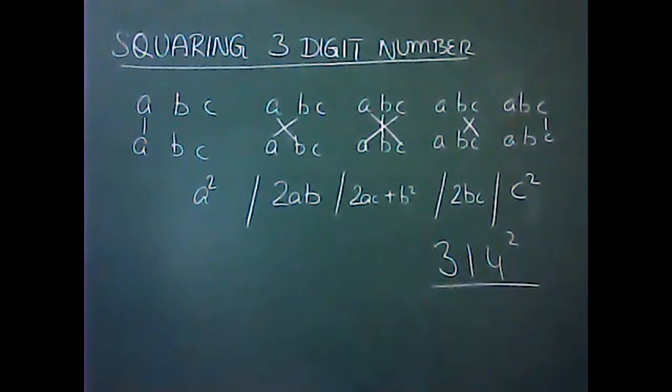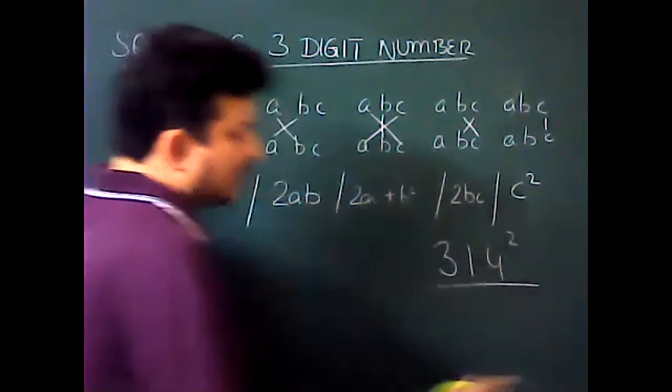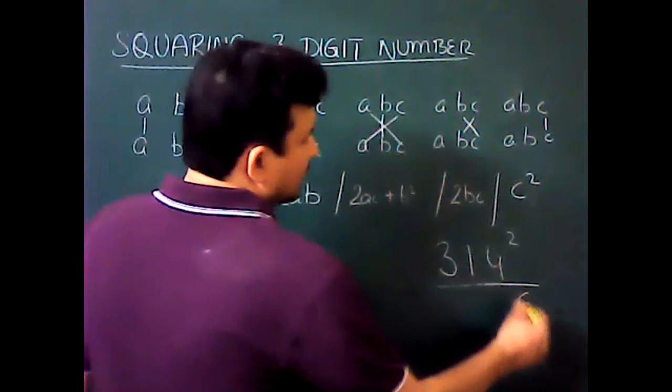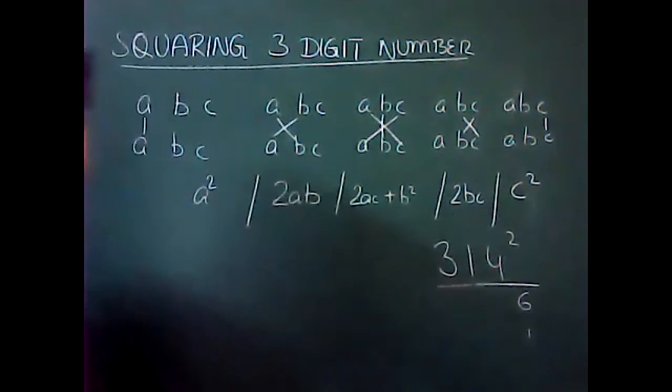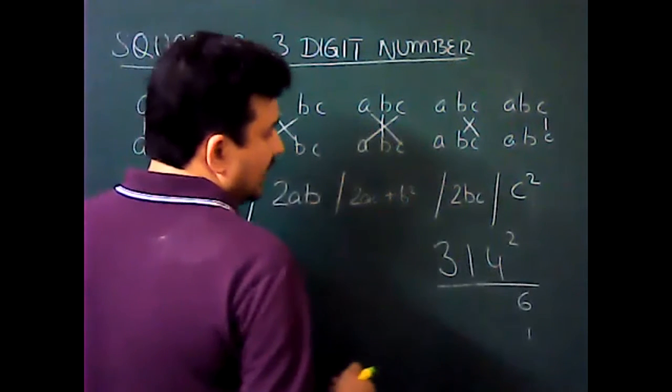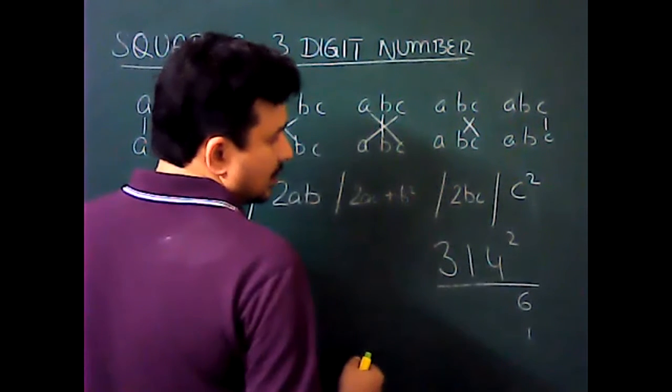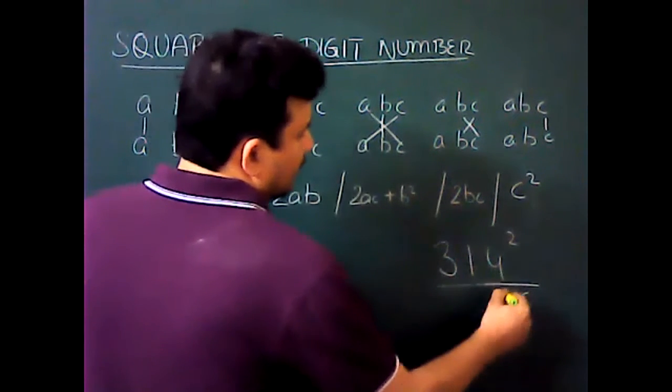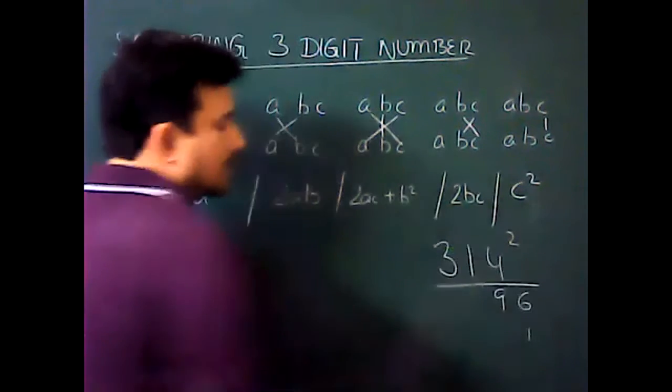And Saranya, there is a slight mistake of one digit. Now let me explain. This is 4 square, which is 16. So 6 and 1 carry. 4 ones are 4. Double it becomes 8. And 1 from carry. This is 9.